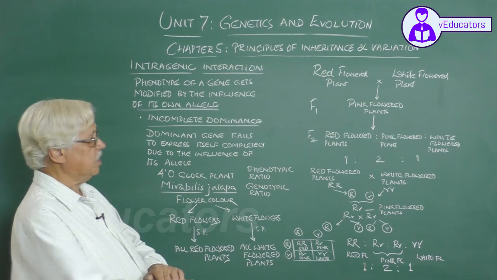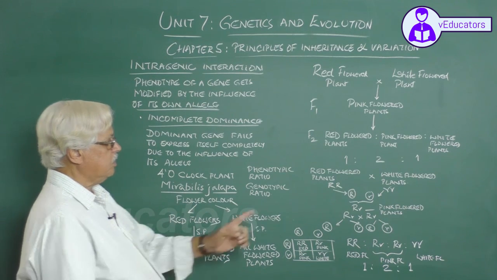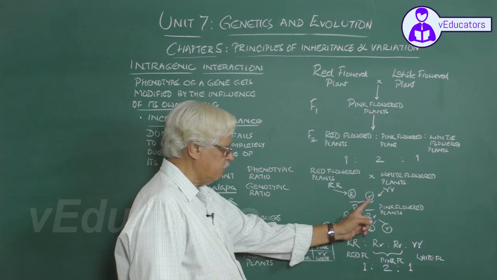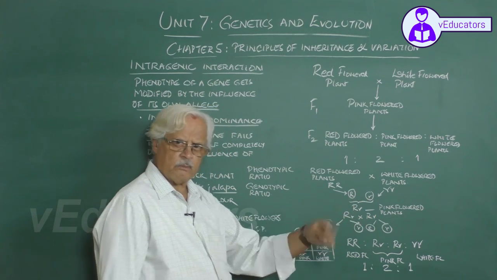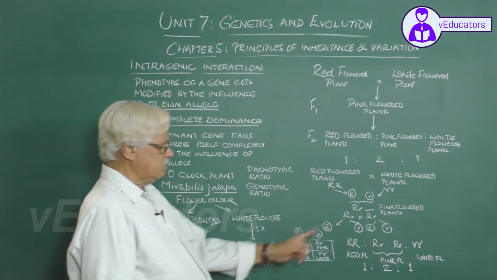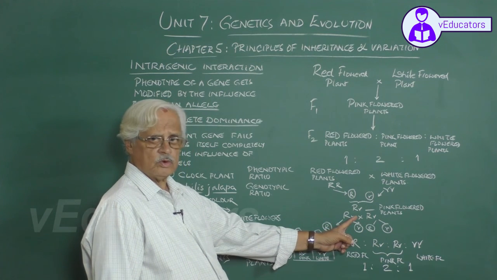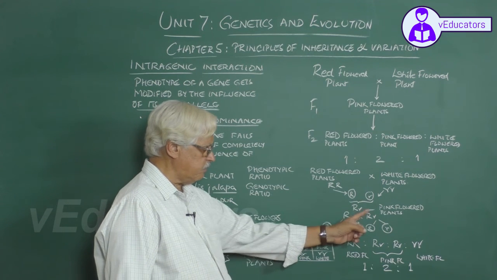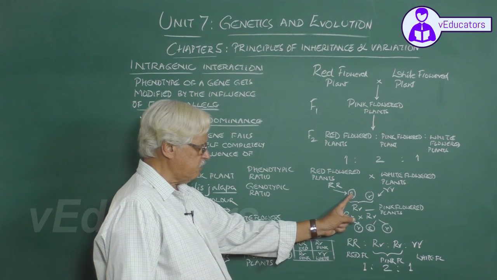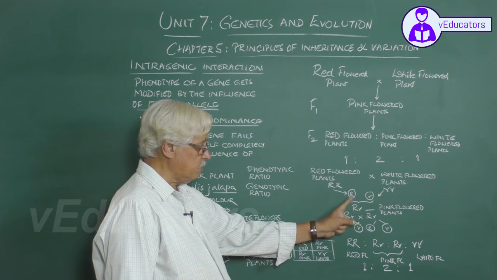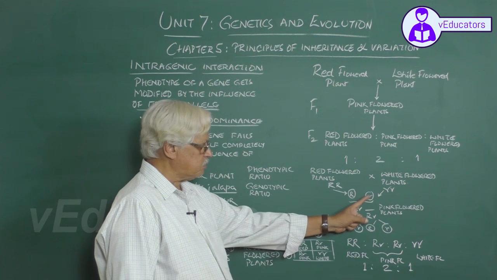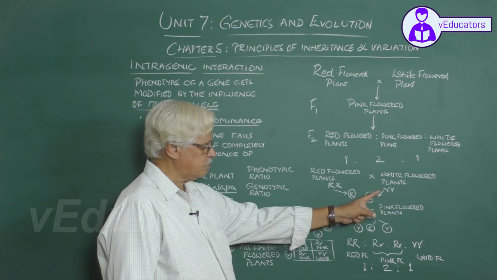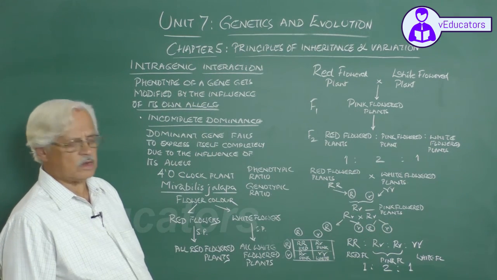What is the deviation here? The deviation here is seen in this stage. If one of the 2 alleles had been completely dominant, then red flowered condition should have appeared here. All the resulting plants should have been red flowered plants. But the red flowered condition could not express completely. Its expression was influenced by the gene responsible for white flowered condition.